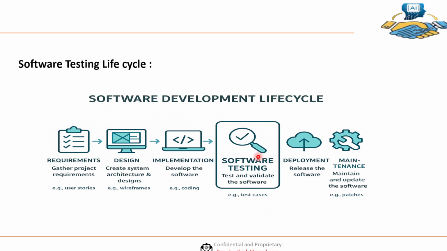And in software testing, you can see we are creating test cases, defects, and all these things. Once we give the QA sign off, then we are deploying to production, and after that the maintenance phase starts.